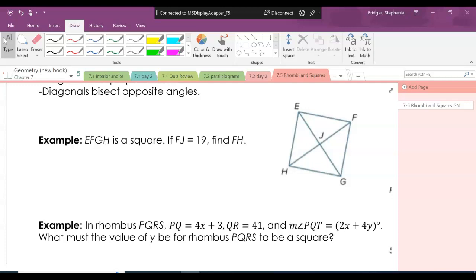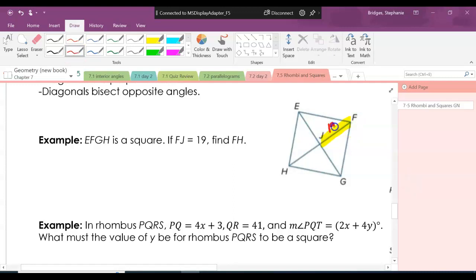What is FG? Is it part of my side, part of my diagonal? I'm sorry, not FG, FJ. I said the wrong letter. FG is a side, yes. But FJ is part of my diagonal segment.